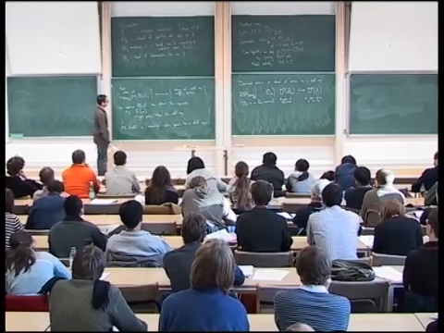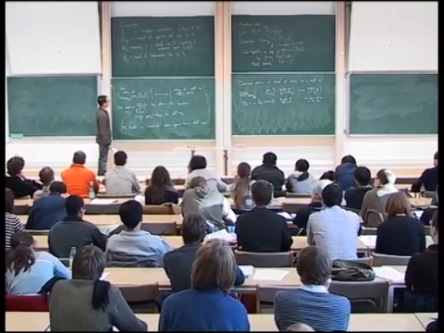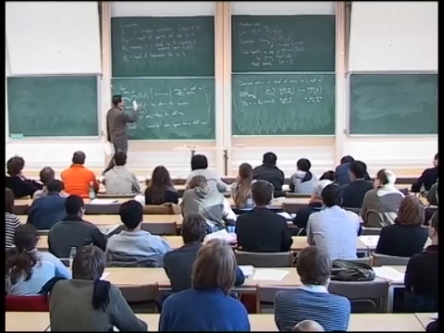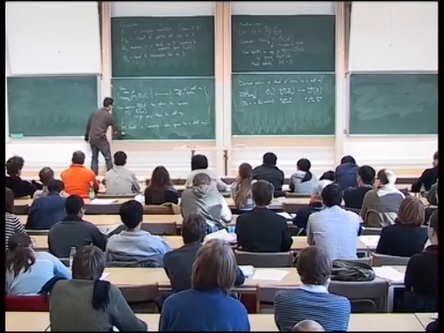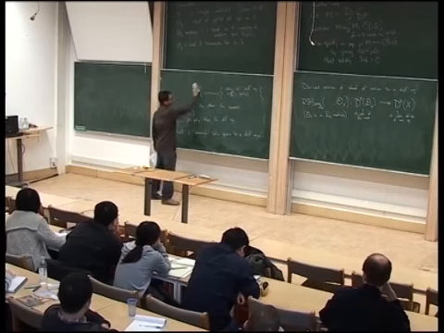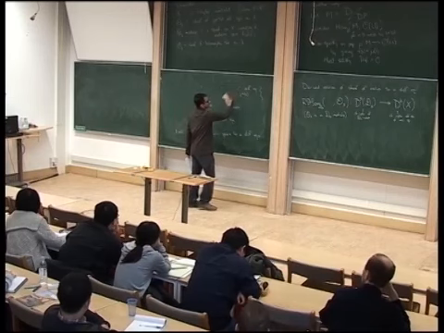And then maybe a fancier way of saying that is that this Hom space is finite dimensional. In this case, it's just one dimensional. And that's a nice property.